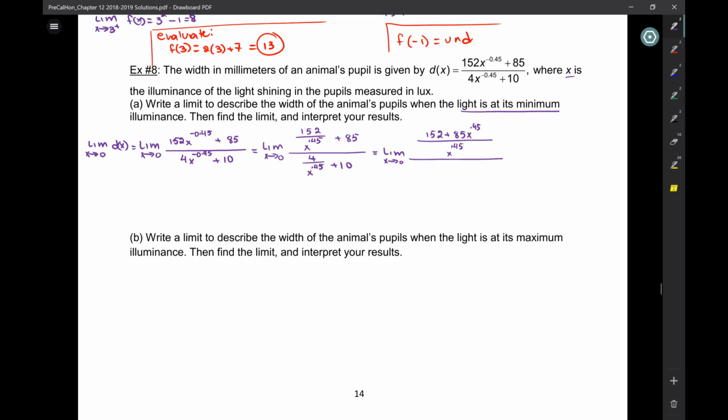So I just multiply top and bottom by X to the 0.45. Then let's do the same thing on the bottom. Another way to look at it is you can multiply top and bottom by the denominator of the other one. So now I get X to the 0.45 times 4 plus 10 X to the 0.45.